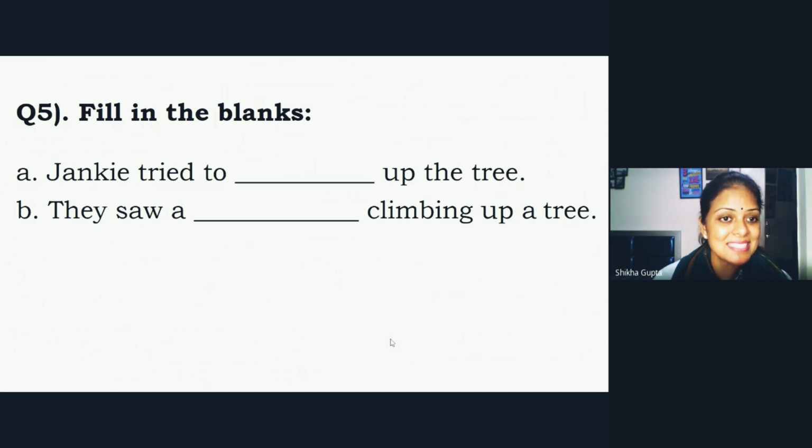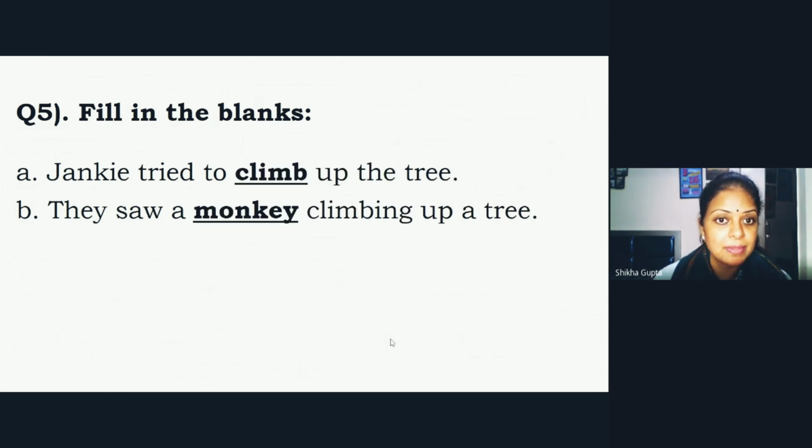And the second sentence is they saw a dash climbing up a tree. Now let us see the answers, children. Yes, first is climb. Janki tried to climb up the tree. And second is they saw a monkey climbing up a tree. So the answers are climb and monkey.